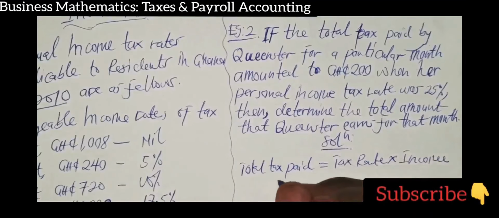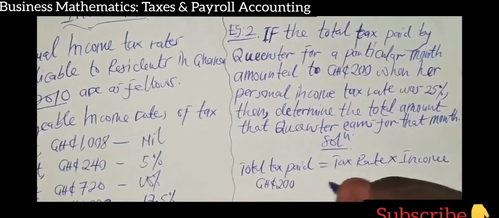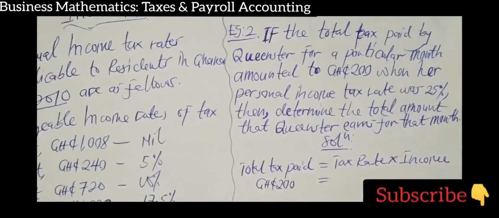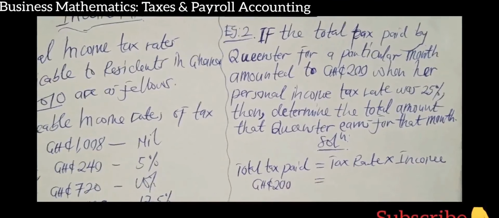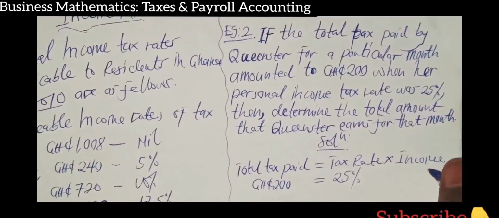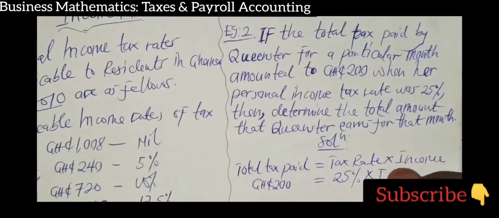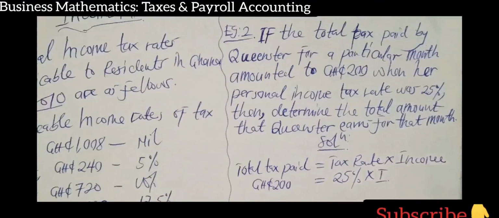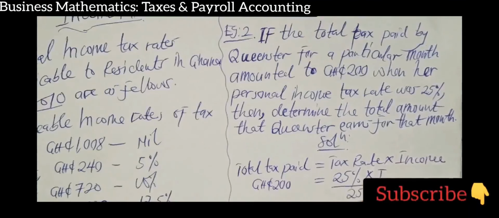Now my total tax paid, as given in the question for Queen Star, was 200. That was what she paid, right? Then the rate was 25%, but we don't know the income, so I can represent that as I, capital I. So what I will do here is to divide both sides by 25%.